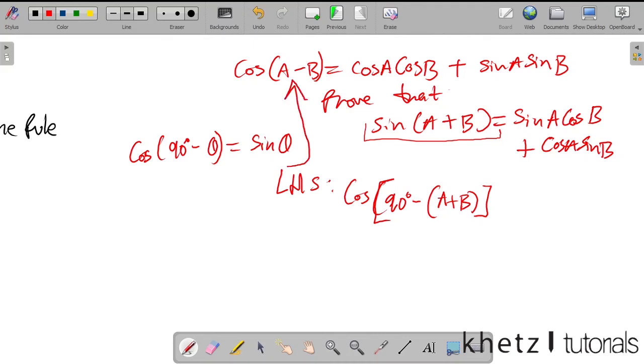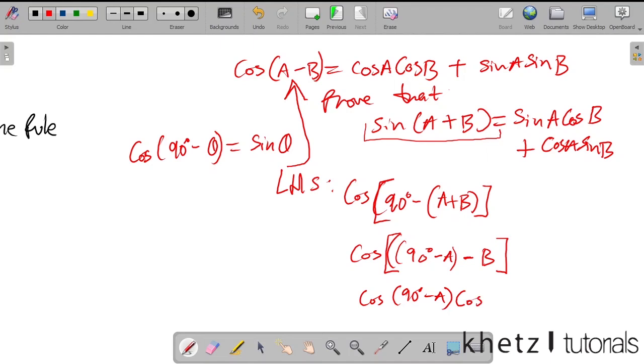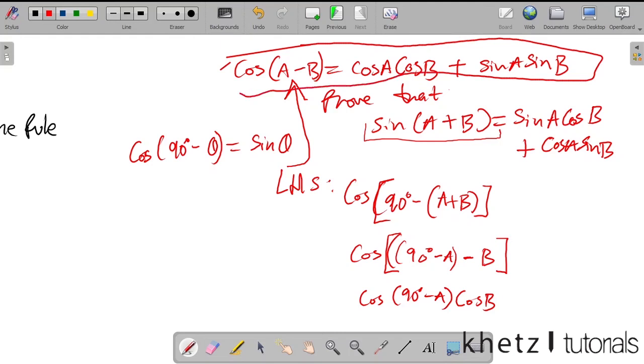So we can split this and say we have cosine of, then we divide the angles inside into 90 degrees subtract A, then we leave the negative B on its own. And now we have cosine of 90 degrees subtract A multiplied by the cosine of B, because of what we proved at the top over here. So you're just applying what we proved at the top.